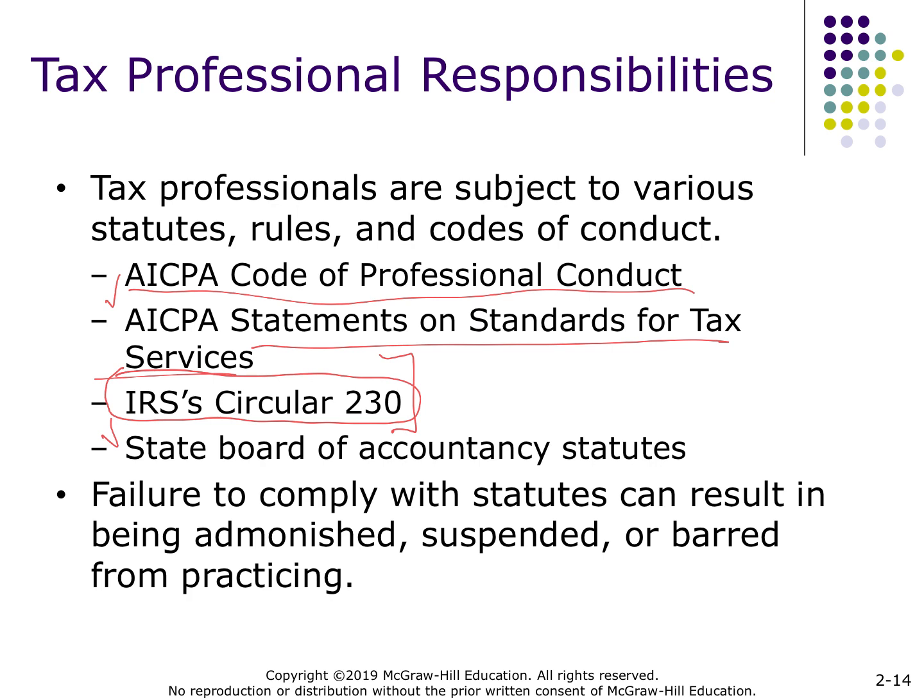They all dovetail together to really make one encompassing code of conduct. Okay. Now, if you fail to comply and have a fairly egregious error regarding one of these codes of professional conduct, you can end up losing your license. Okay, so sometimes the penalties can be significant. All right.